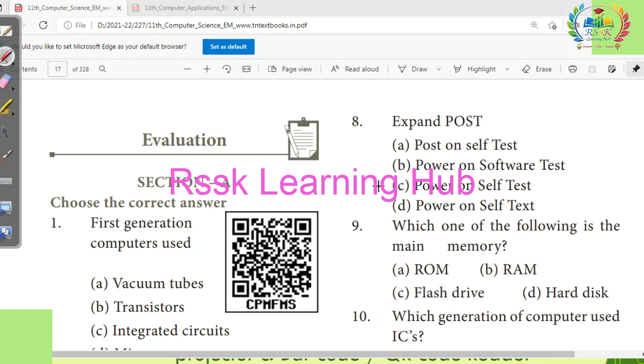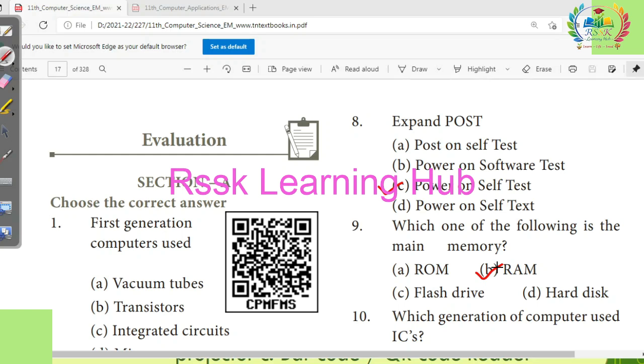Okay, power on self-test. Next, which one of the following is the main memory? Main memory means random access memory. Just now we saw it is a volatile memory as well as main memory. So, RAM.